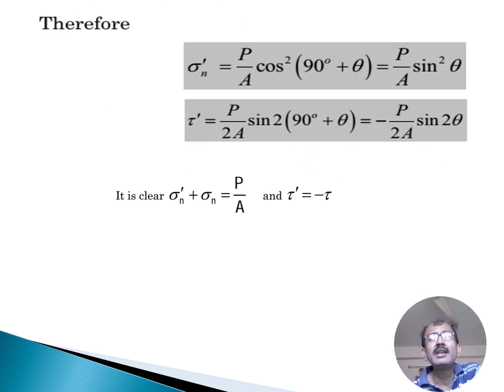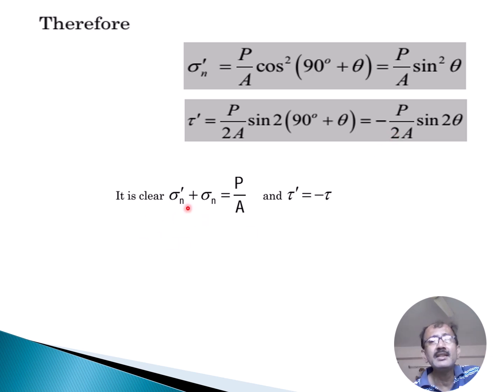Now it is very clear that sigma n dash is obtained when we change the angle to 90 plus theta, adding 90 degrees to the existing angle. So that should be p by A sine square theta. And tau dash, by the same phenomenon, is minus p by 2A sine 2 theta.